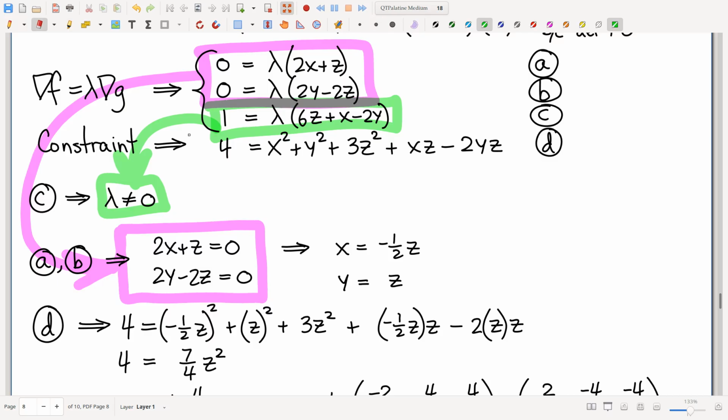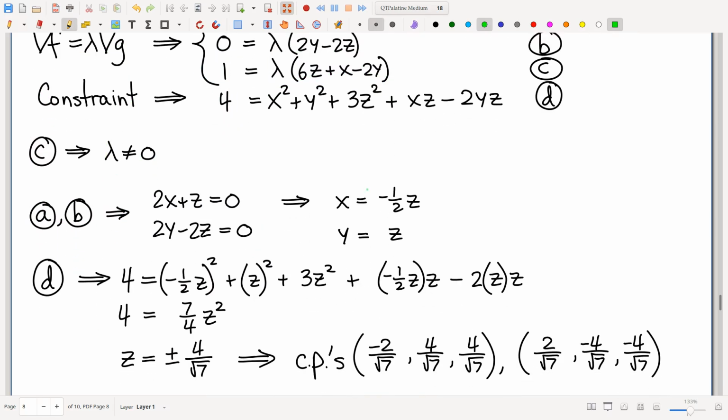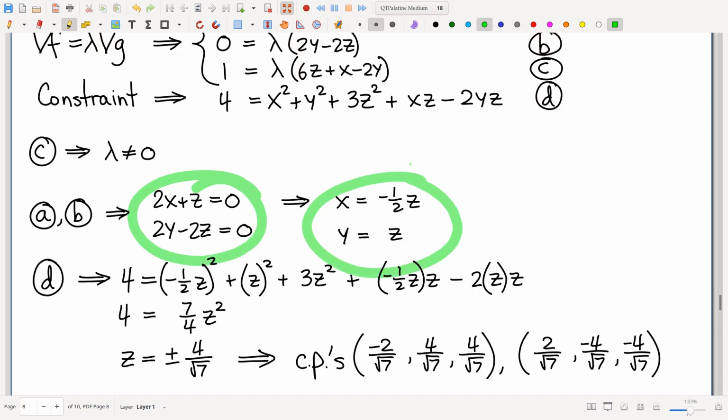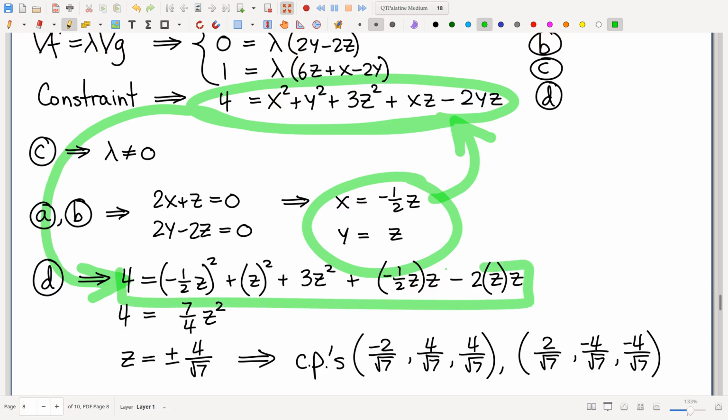Very often, the last step in the process is to use these relationships to write everything in terms of z, plug that into there, which then gives us this, and then solve for z.